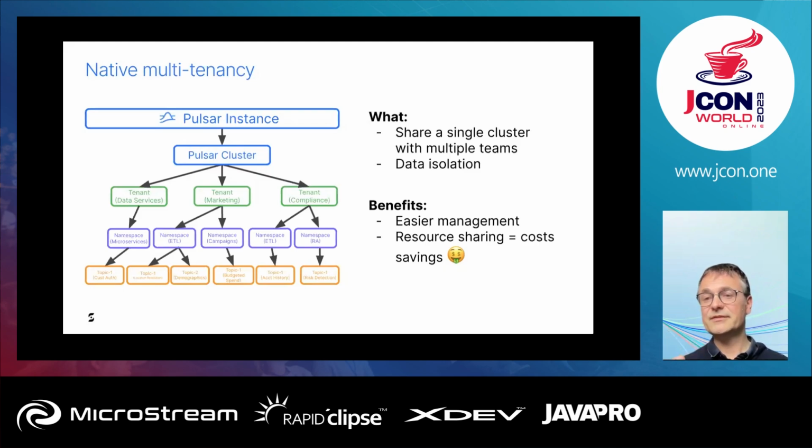Plus, sharing resources can lead to a significant reduction in the number of nodes in your infrastructure, which can save on cost, right? And this is not a hack or another layer on top of Pulsar. Pulsar is designed for that. This is a built-in feature.